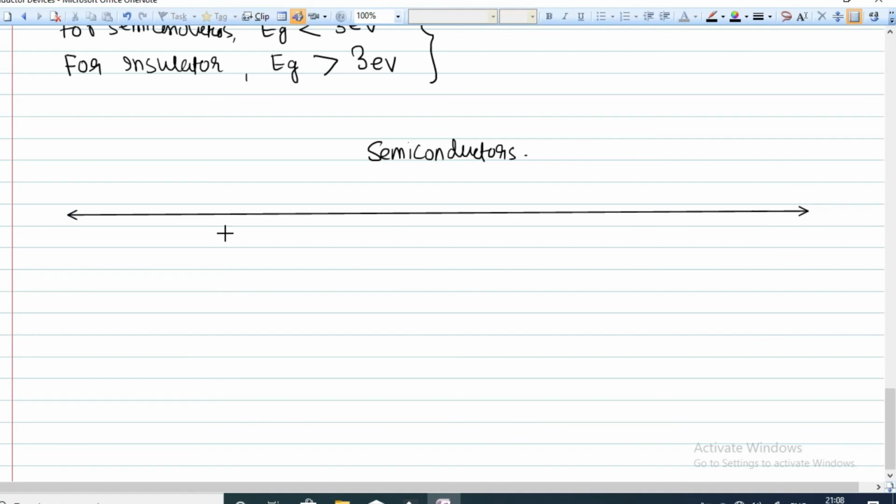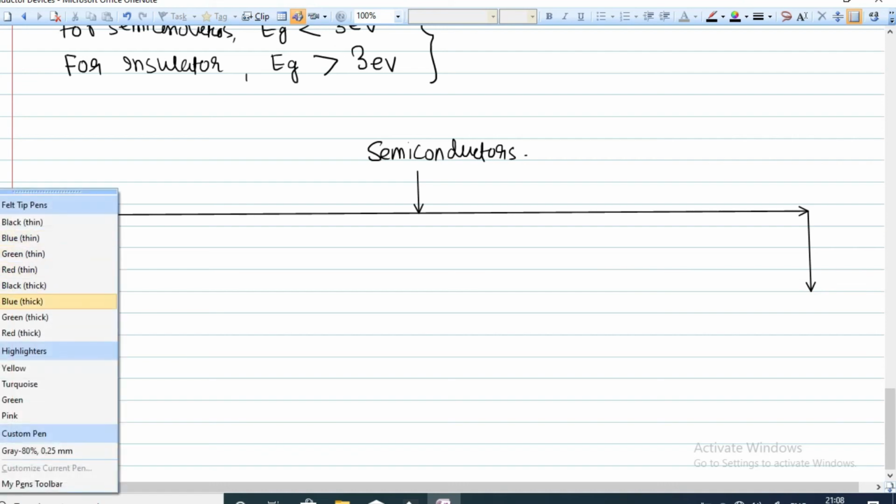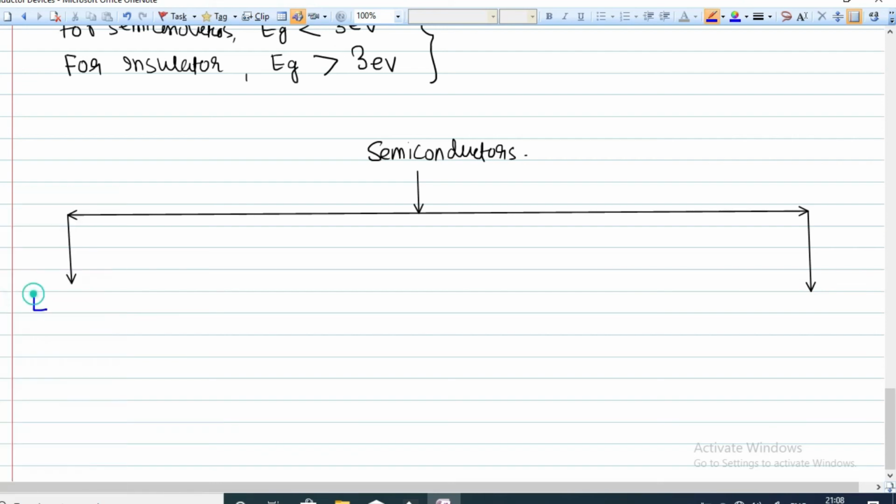One is known as elemental semiconductor, or pure semiconductor; we can call it elemental semiconductor.